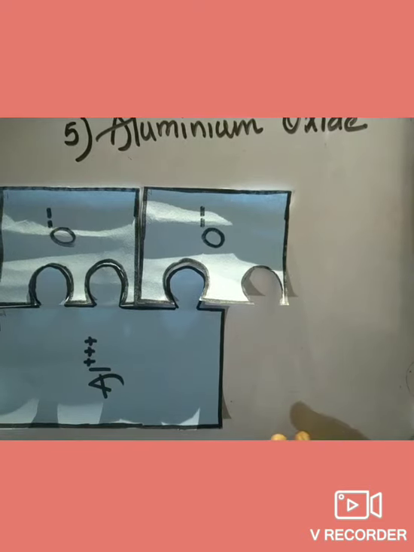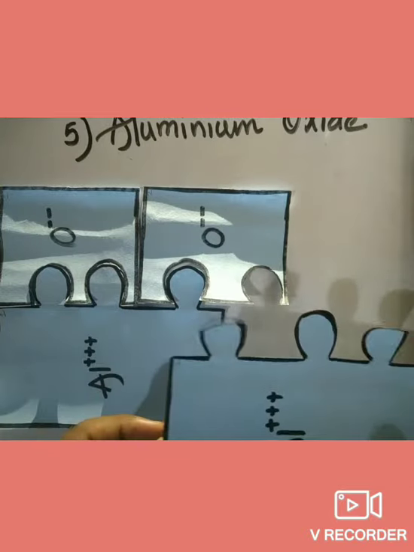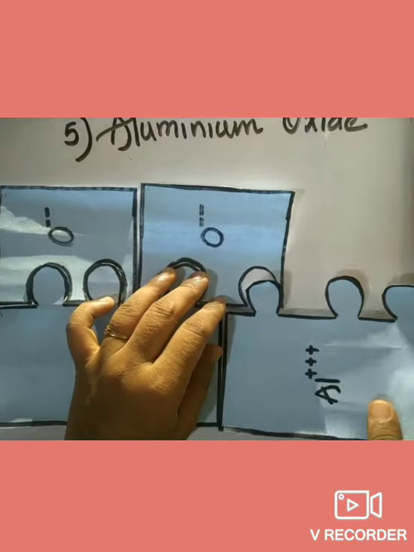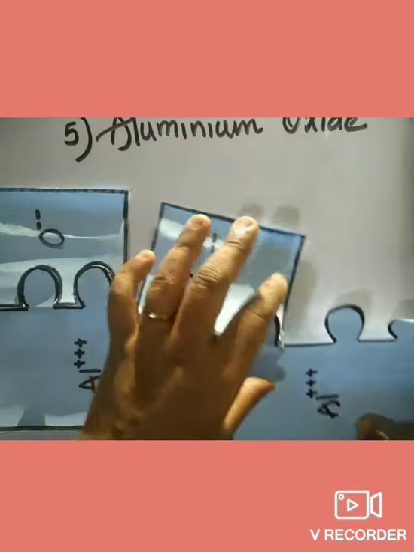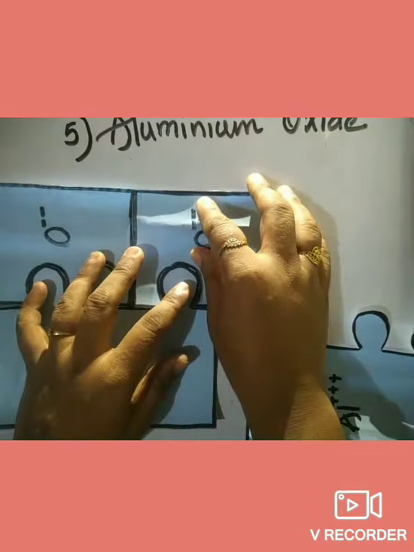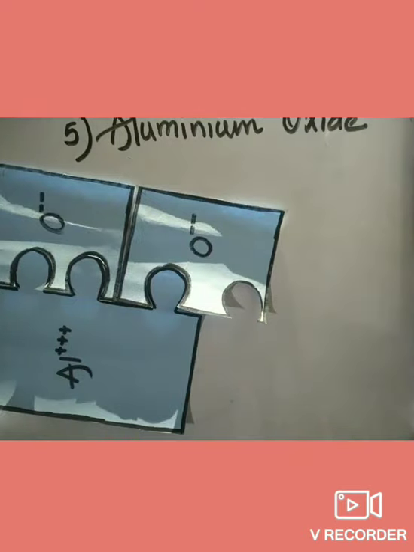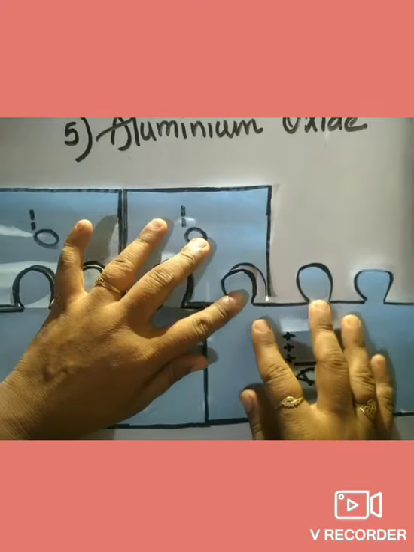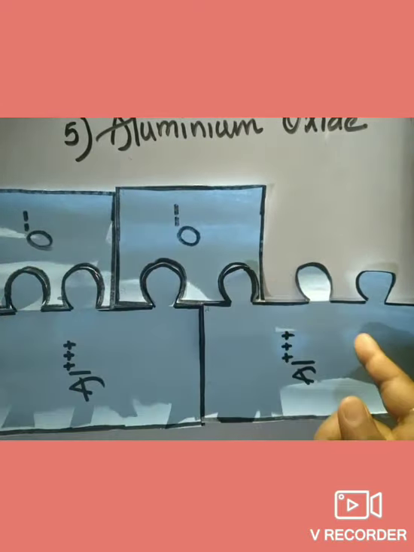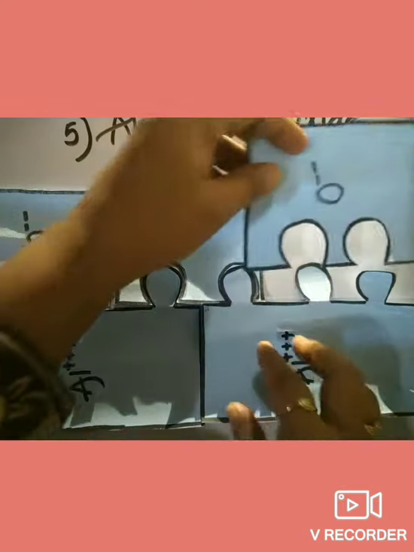So what I will do, I will take 1 more aluminium. So if I take 1 more aluminium, what will happen? 2 extra parts of aluminium will again remain. So to fill up those extra parts, I will use 1 more oxygen.